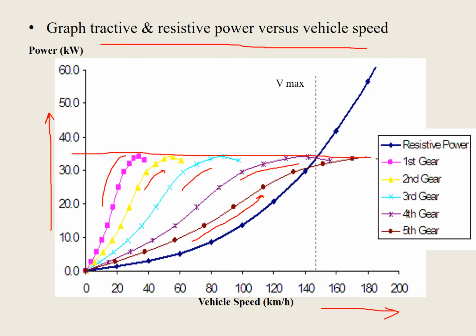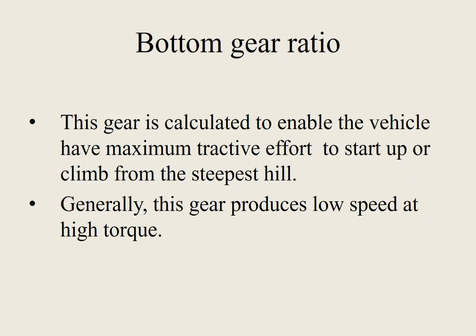Okay, so this is the characteristic of first gear, second, third, and the fourth one. In the fourth gear, the ratio will be 1, and the fifth gear will be below 1, or 0.8 to 1.0 ratio.